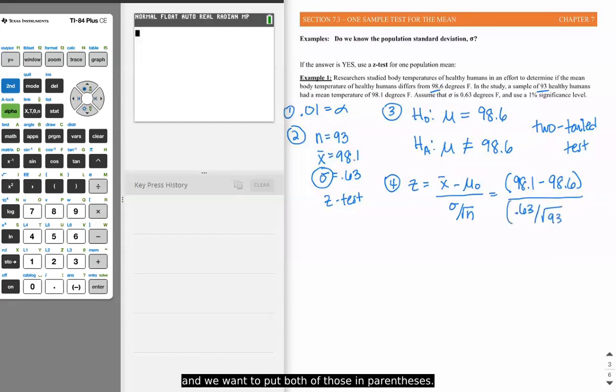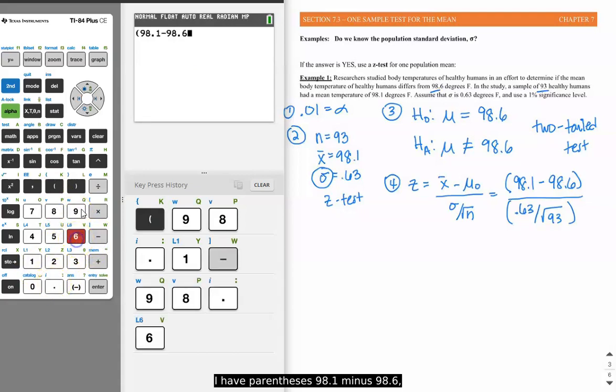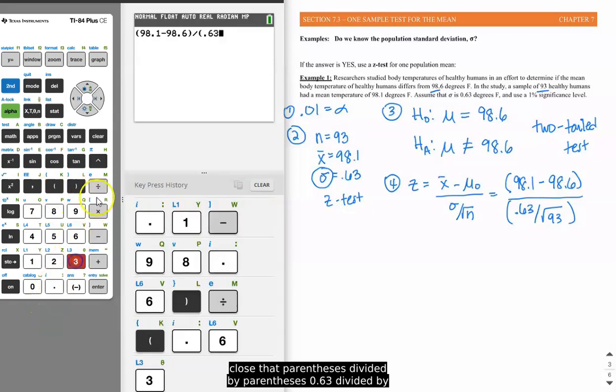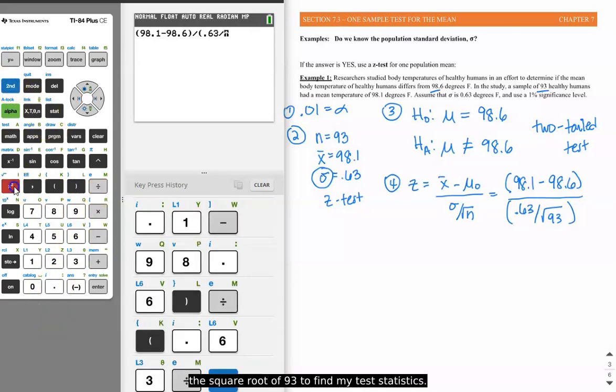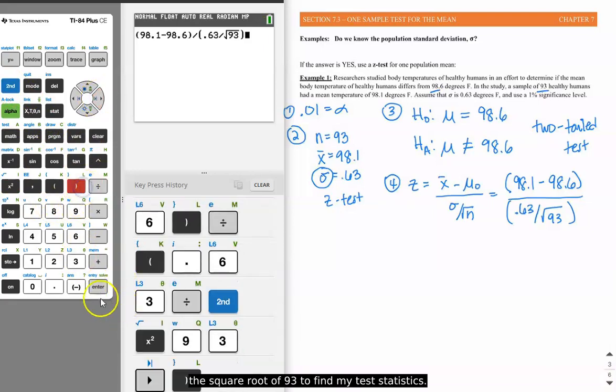And we want to put both of those in parentheses. So I have, put that in parentheses, 98.1 minus 98.6, close that parenthesis, divided by, parenthesis, 0.63 divided by the square root of 93. Enter that over to find my test statistic.